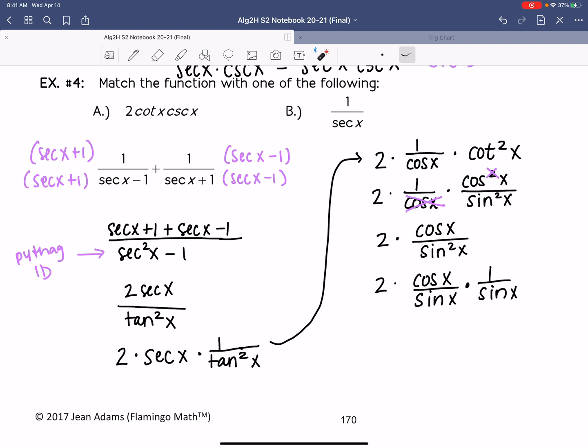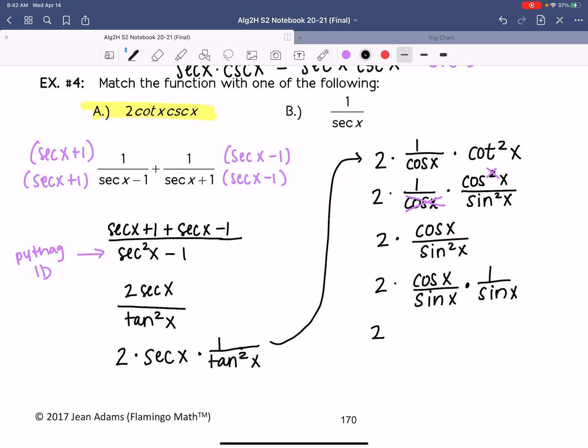Okay, now we are to a point where I hope you guys can see our clear answer is A. Because now it's 2 times cotangent. Well, cotangent is cosine over sine, so there it is. This is cotangent. And 1 over sine is the same as cosecant due to the reciprocal identity.